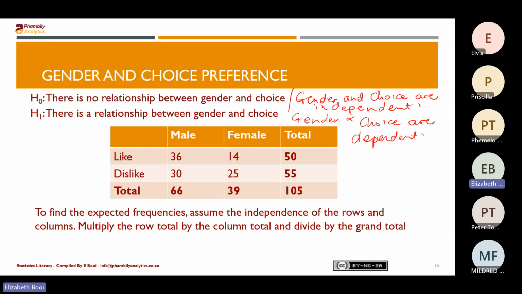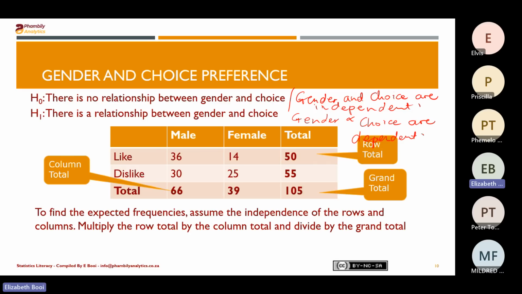I'm going to do it earlier than at the chi-square test stage. So we calculated the row total, the column total and the grand total. We should be able to calculate our expected value. For every observed value, 36, 14, 30, and 25 are our observed values.